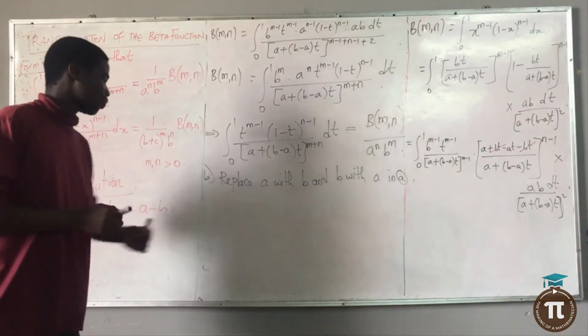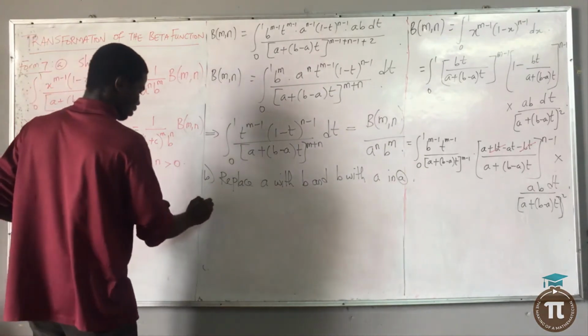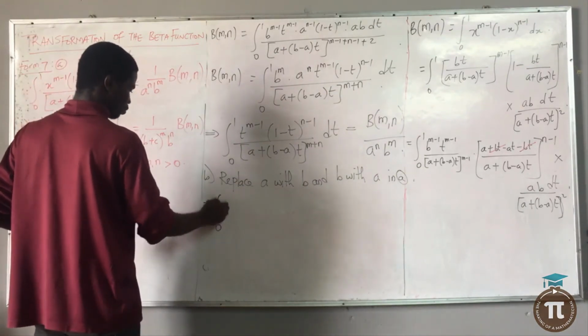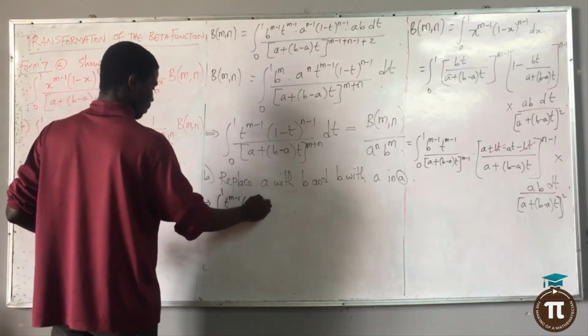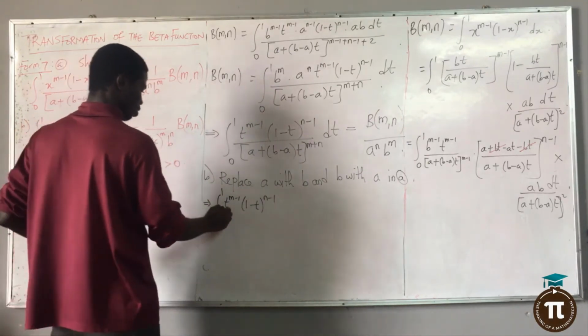So if I do that, it means that I will have the integral from 0 to 1 of t raised to the power of m minus 1, 1 minus t raised to the power of n minus 1, all over.